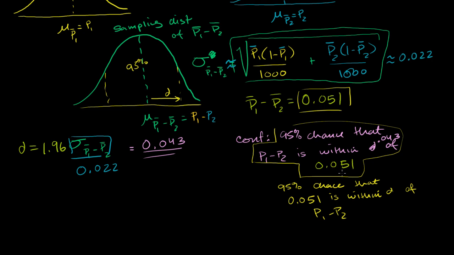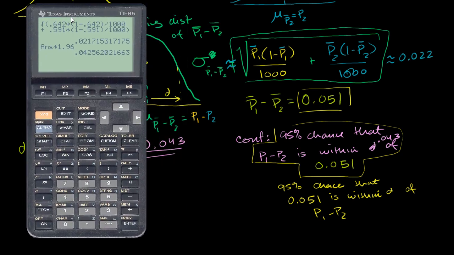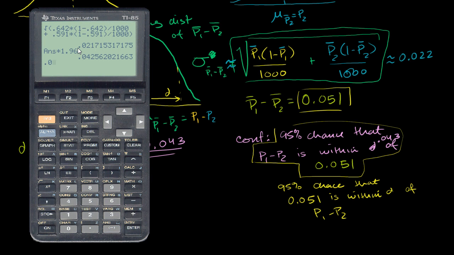Or if we actually want to get an interval, we take this value, 0.051, minus 0.043. Minus 0.043 is going to give us 0.008. And then if we add it, 0.051 plus 0.043 gives us 0.094.